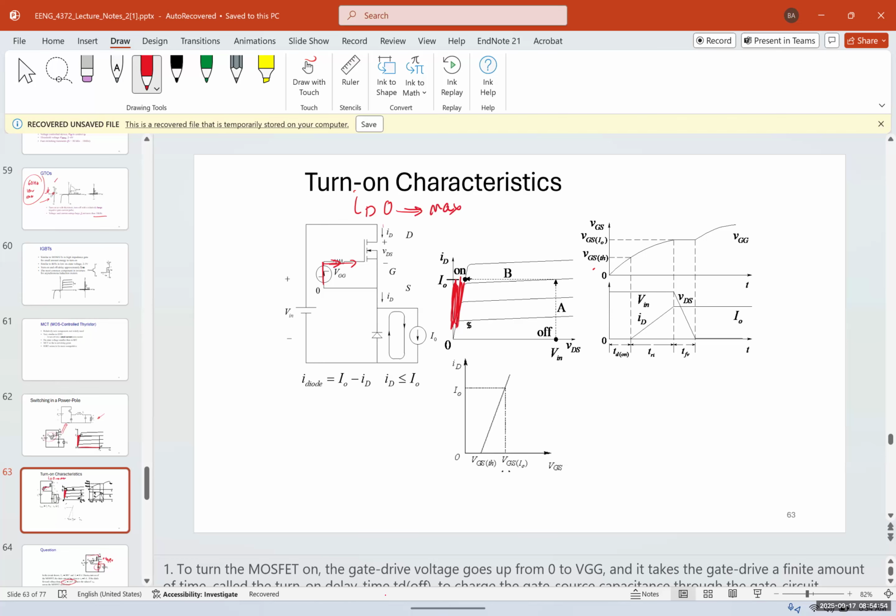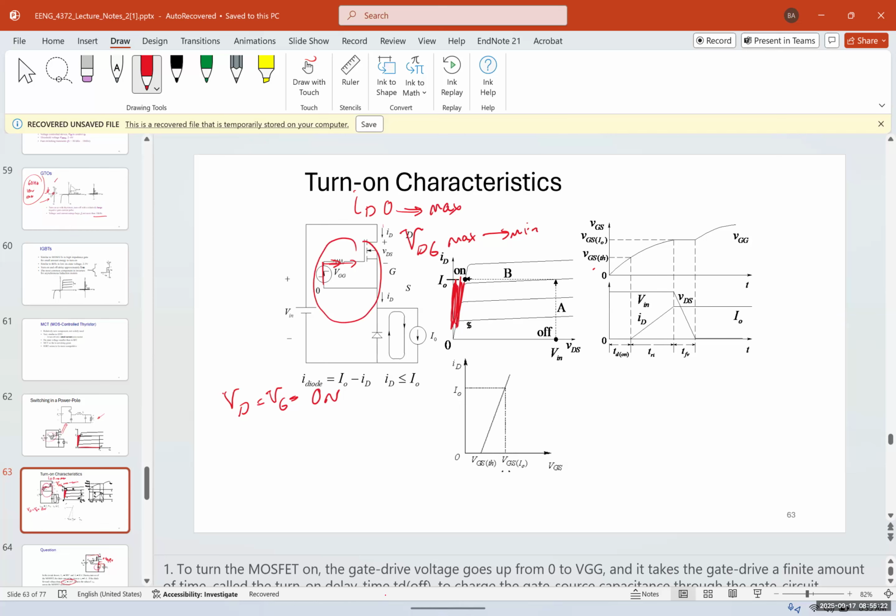And when it goes to the maximum, VDG goes from its maximum to its minimum. It's like a switch that has been turned on. When the switch turns on, the current goes up and the voltage drops, because now VD and VG for an ideal situation are equal when it's turned on.